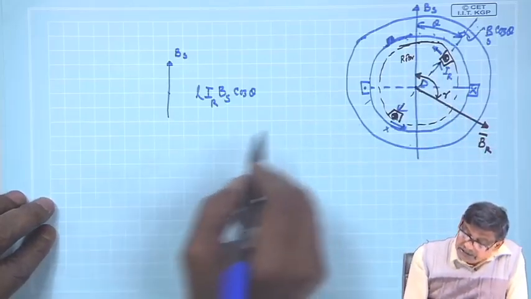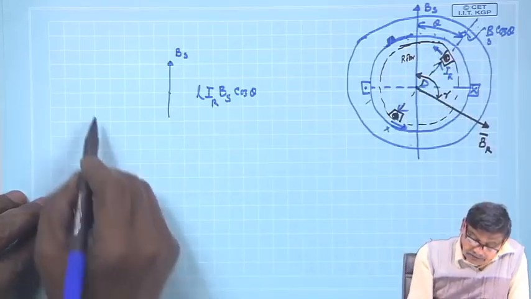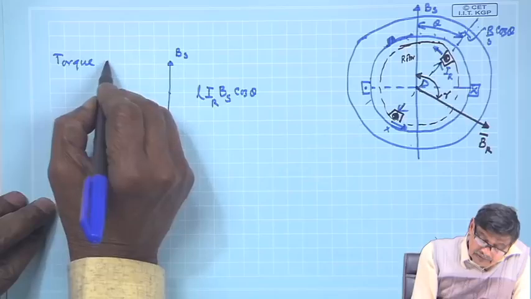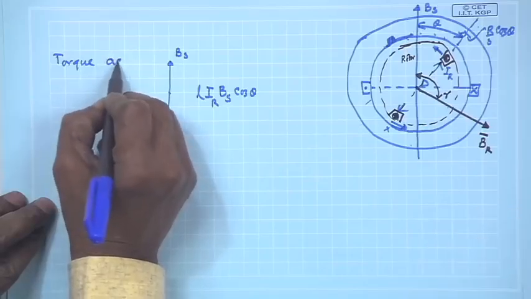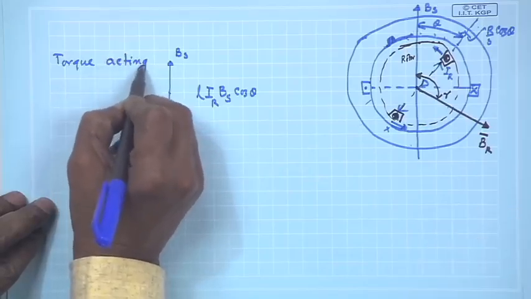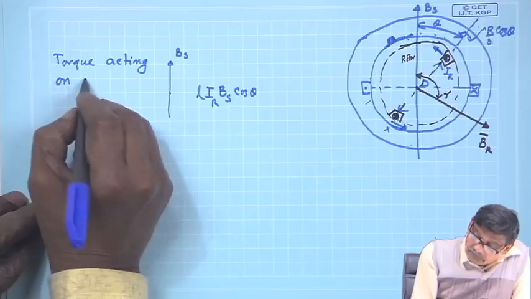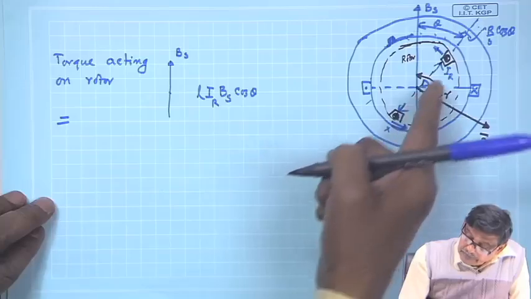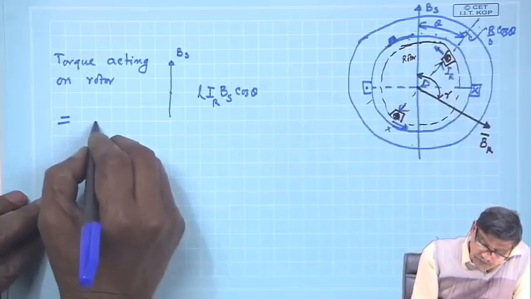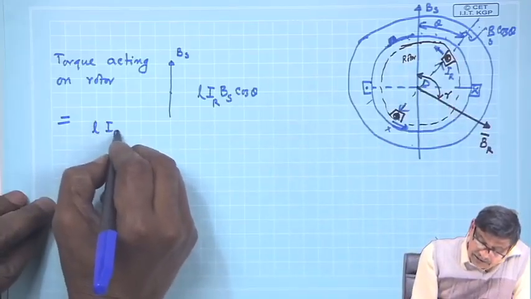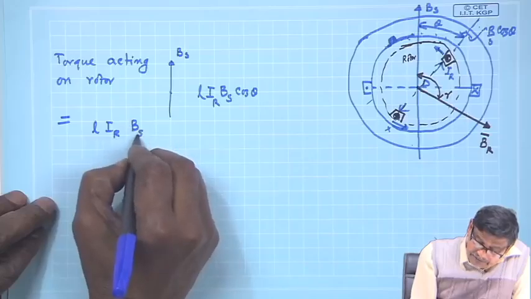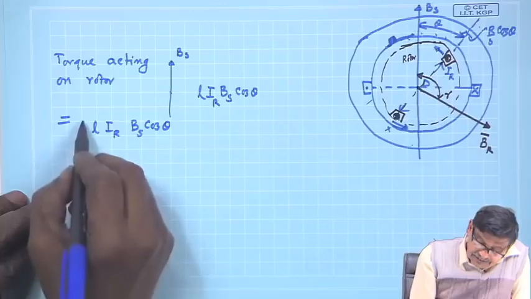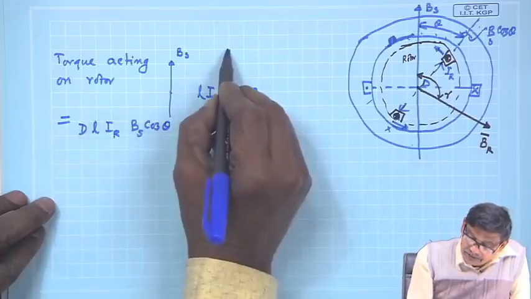Therefore, the torque, this coil torque or couple acting on the rotor, will be the magnitude of the force L IR BS cos theta, into d, equal to the diameter of the rotor.